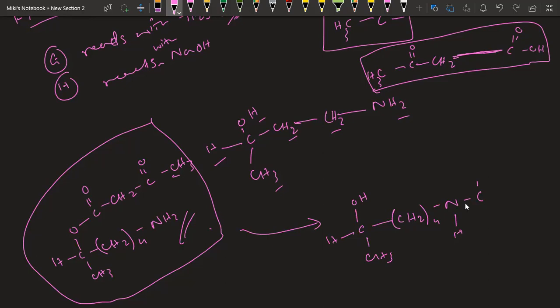G has 11 hydrogen, H has 6 hydrogen. So 11 plus 6 is 17. When an amide is formed, the amine loses 1 hydrogen and the carboxylic acid loses 1 hydrogen. That means minus 2 hydrogen, 15. So yes, this could be a possibility.